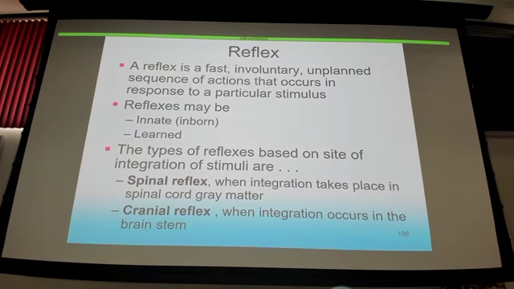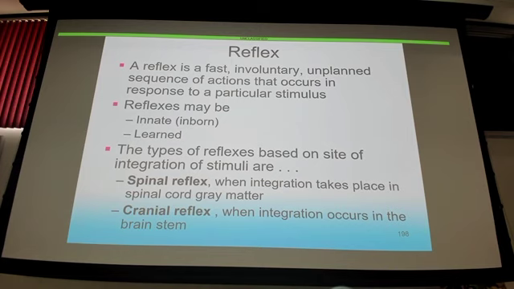Types of reflexes are based on the site of integration of the stimuli. Meaning if it's a spinal reflex, that's occurring, of course, in the spinal cord gray matter. If it's a cranial reflex, integration is occurring in the brain stem.